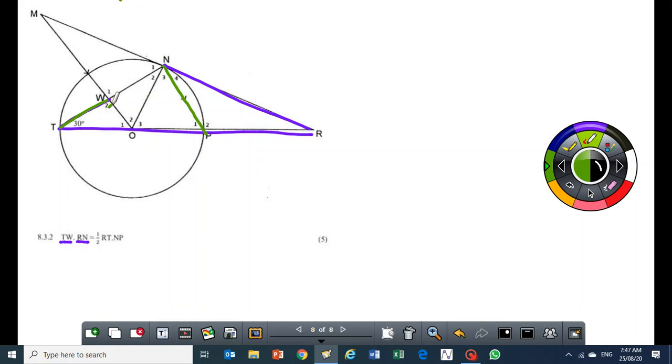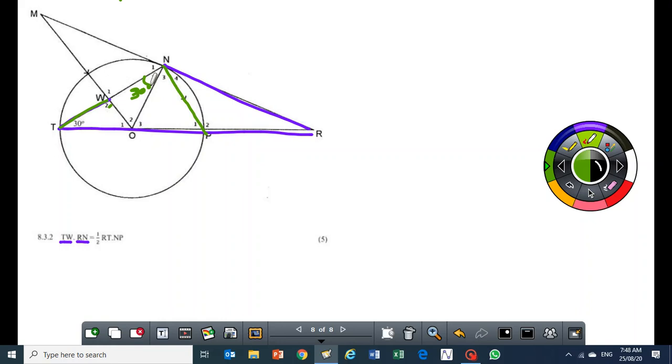Because for you to say that TN is 2 times TW, you have to prove the existence of an angle which is equal to 90 degrees there, because it's not given.